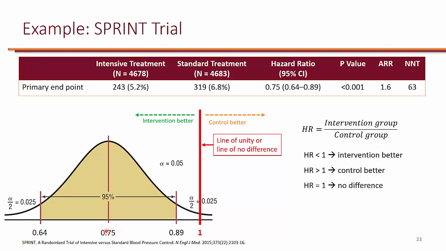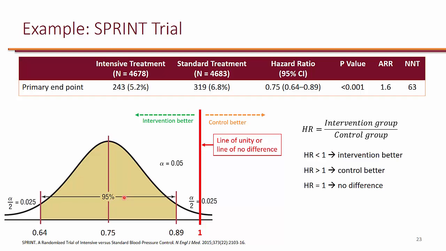So that's what they found in this study. And if they were to do the SPRINT trial again, they're not going to find exactly 0.75 anymore. But we're 95% sure that if you do it again, it's going to be something between 0.64 and 0.89. And because this confidence interval did not touch or cross 1, that's how we know it's statistically significant.